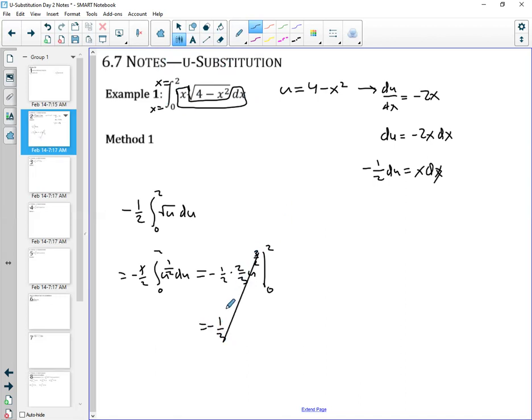What you can do is resubstitute. We've done that before. So it's really 4 minus x squared to the 3/2, running from 0 to 2.